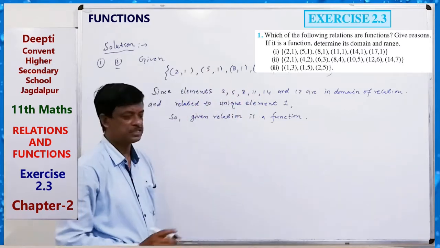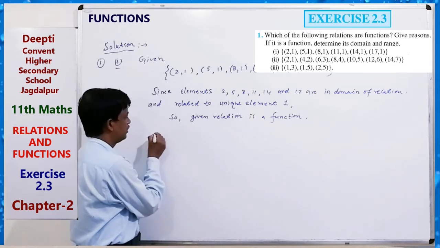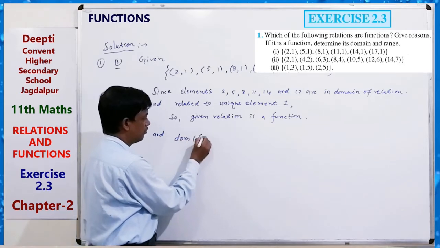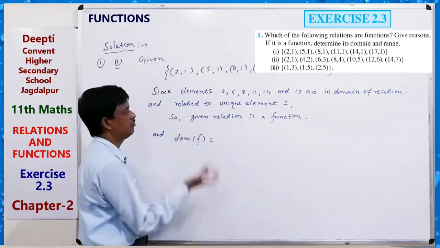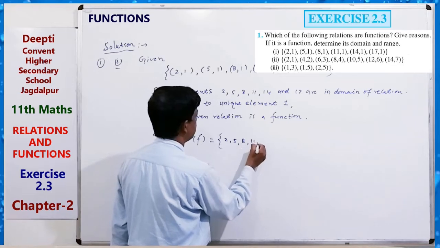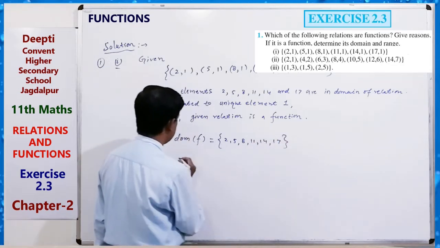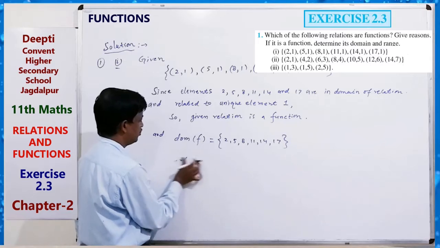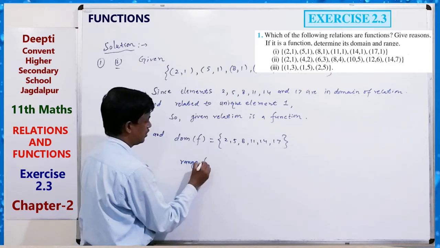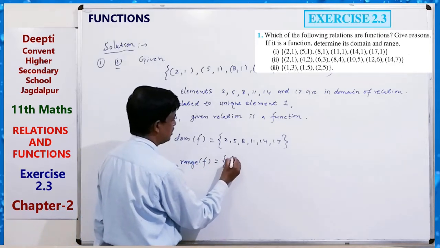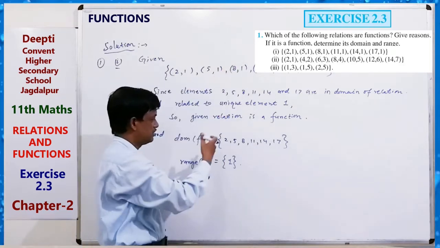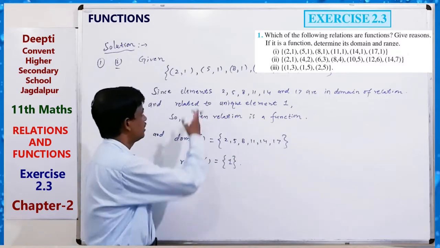So the given relation is a function, and the domain of the function is equal to 2, 5, 8, 11, 14, 17. The range is the single element 1. First elements belong to the domain and the second element is 1.